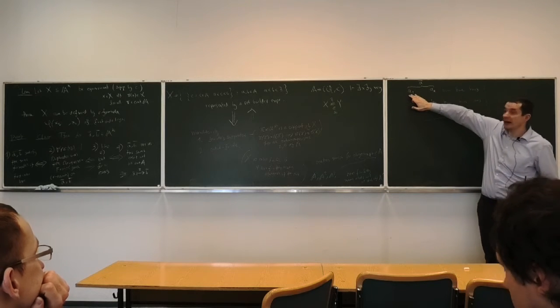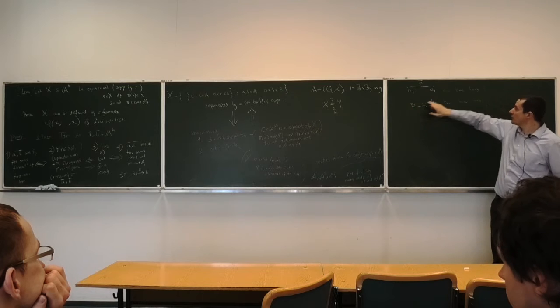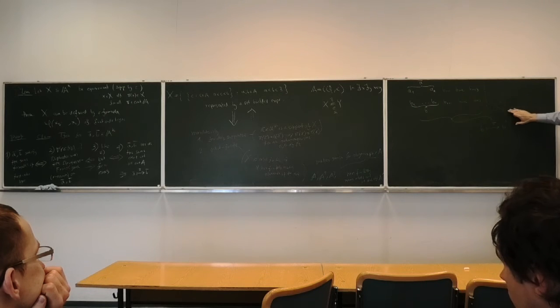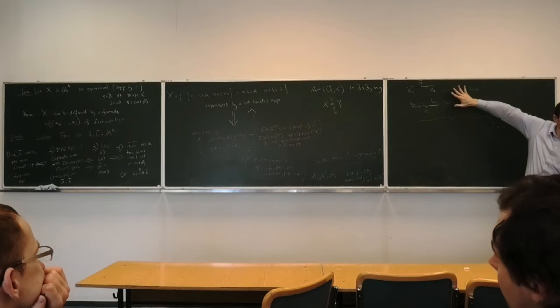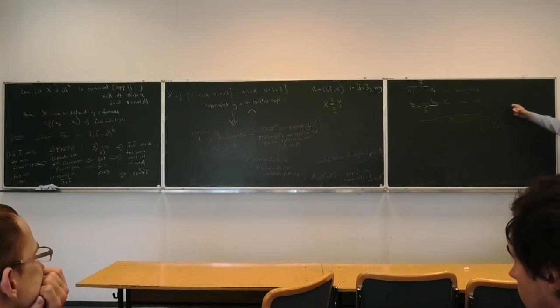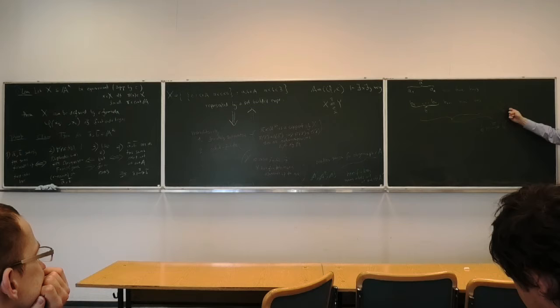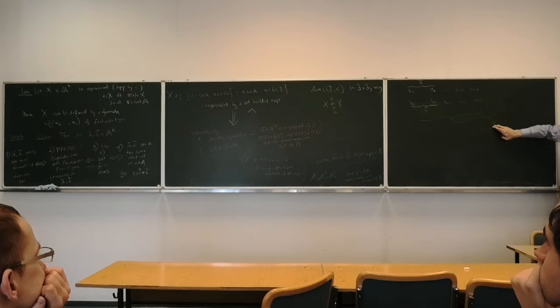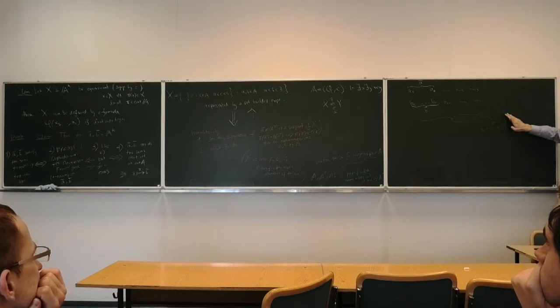So pi maps A1 to A1, B1 to B1, Bn plus 1 to B prime. Okay, so I can move B to B prime with an automorphism without moving any of this. Is it clear that if I can win with B, then I can also win with B prime? Whatever would happen if I have a winning strategy with B, then I apply pi to this winning strategy, and then I will get a winning strategy for B prime.